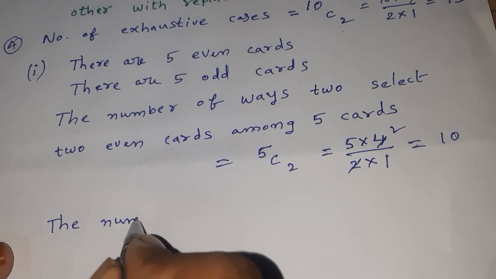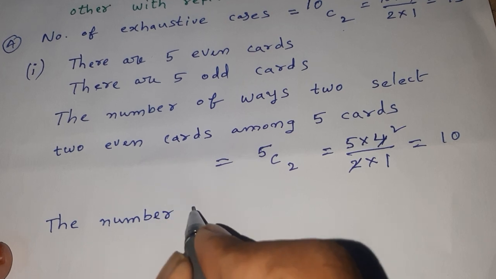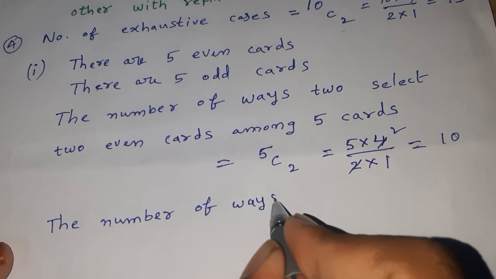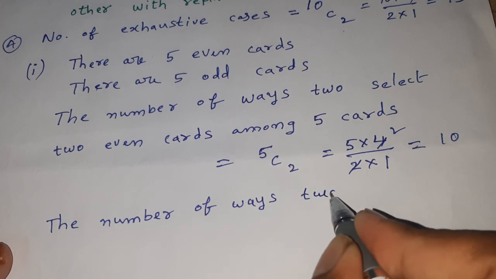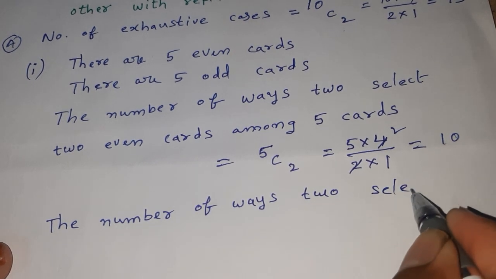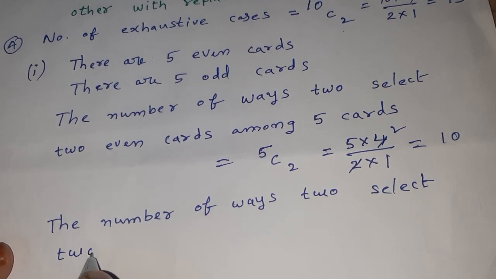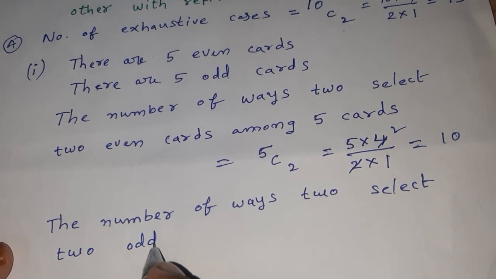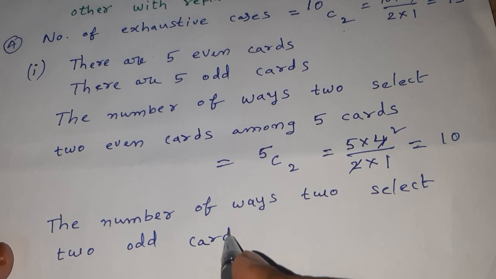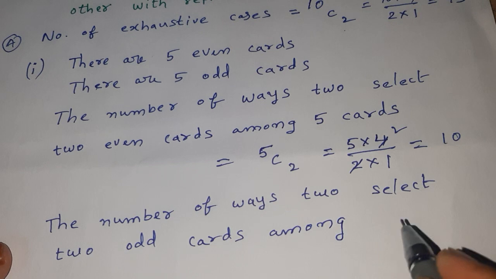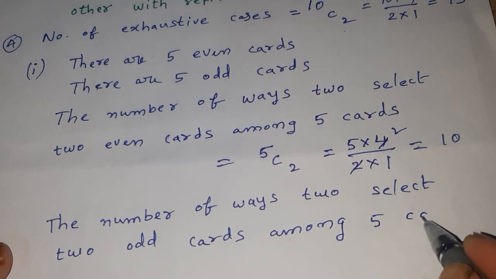Similarly, the number of ways to select 2 odd chords among these, which are also 5 in number, therefore I have to select among 5 chords.